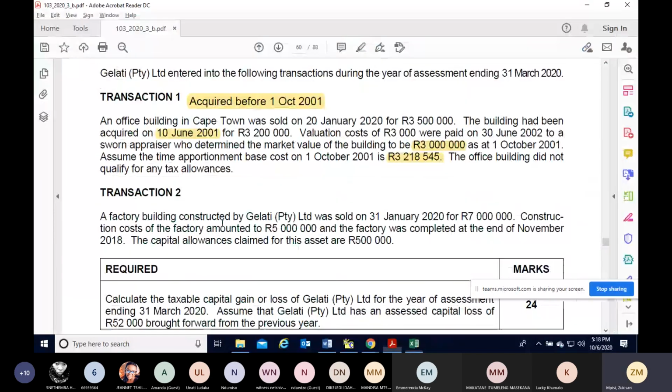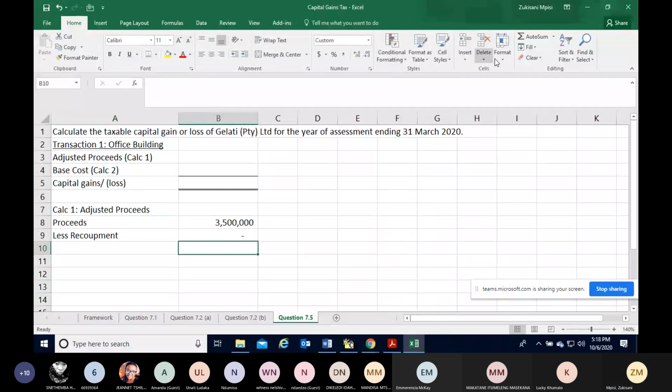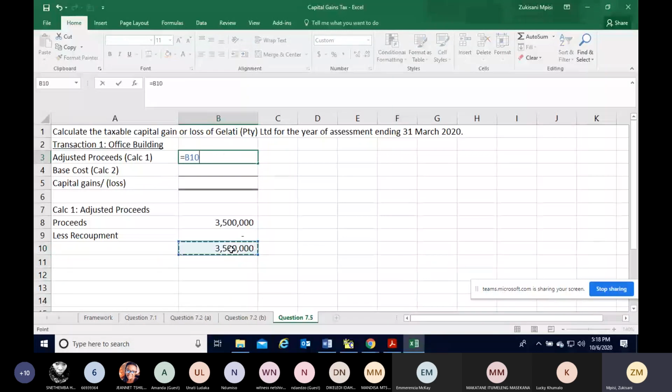And the proceeds, where we were told how much it was sold for, 3,500,000. So our adjusted proceeds is therefore equal to 3,500,000.